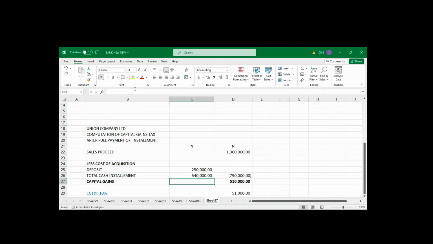Another thing you can do when the installment is fully paid, if you don't want to use this method, and you were told that they have paid all the installments, just say sales proceeds minus what? After all the installments have been fully paid, the asset was sold. Sales proceeds minus cash price.